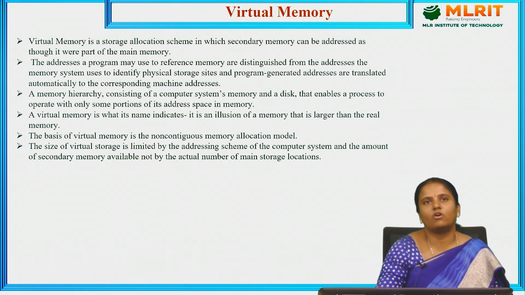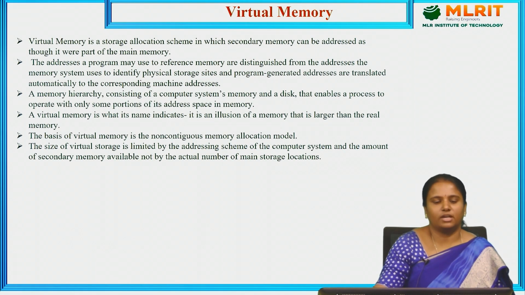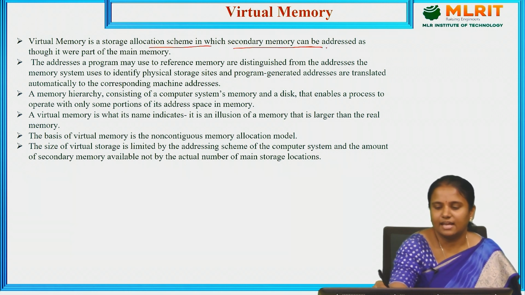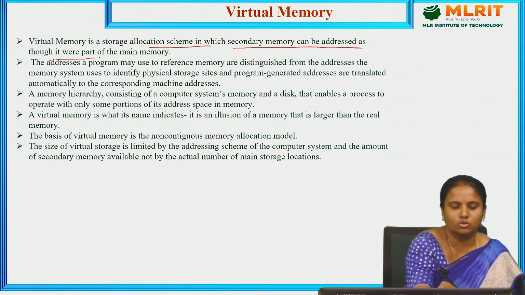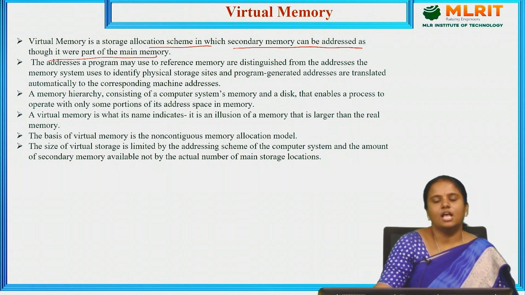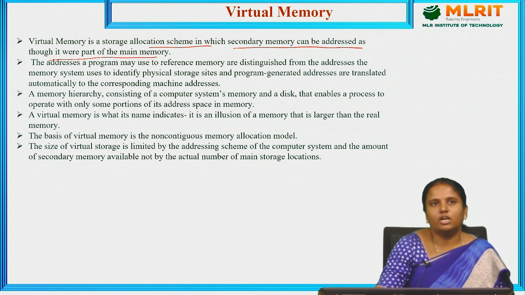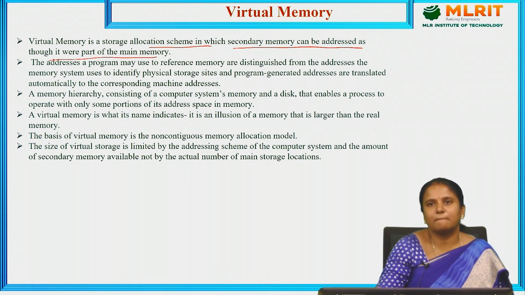Next, what do you mean by virtual memory? Virtual memory is a storage allocation scheme in which secondary memory can be addressed as though it were part of the main memory. So it can directly address the secondary memory through part of the main memory.